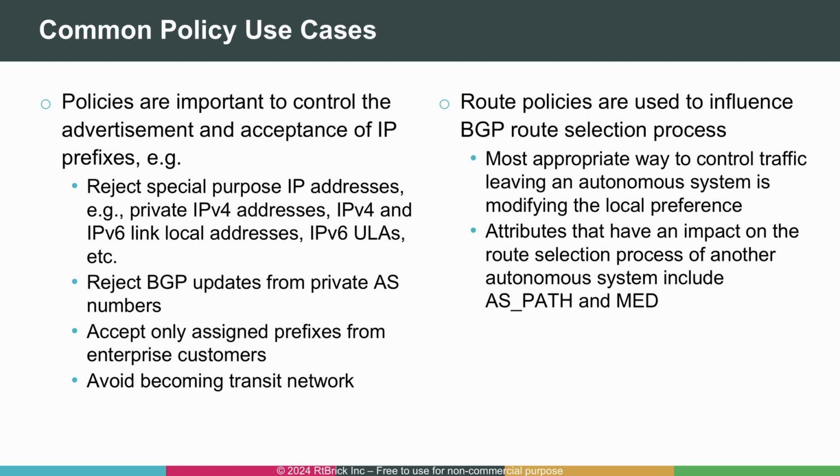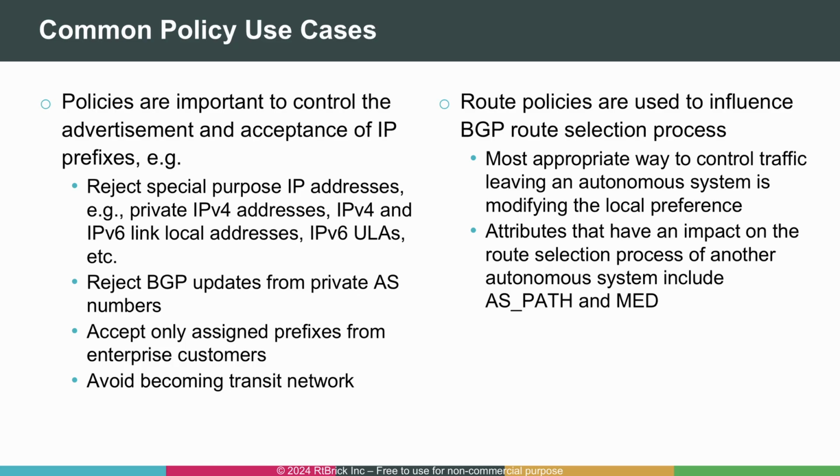In the previous section, we discussed private AS numbers. For security, a BGP speaker should reject any BGP updates with AS paths that include private AS numbers, especially on public peerings. If the autonomous system you're working with is a service provider network, it should only accept prefixes from its customers that are assigned to them and prevent them from announcing external prefixes.